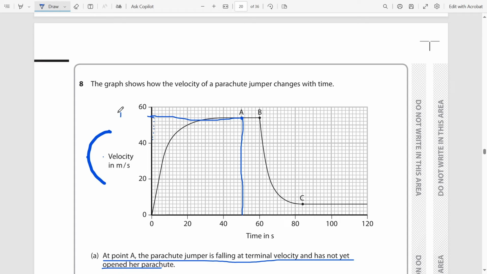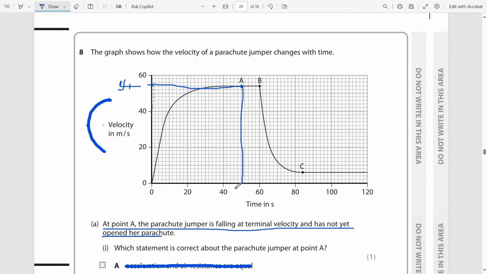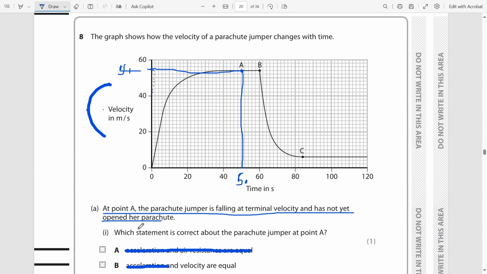That's going to be 54. And this is going to be 50. So 54 times 50, guys, equals 2,700.